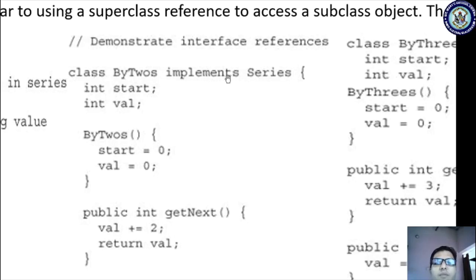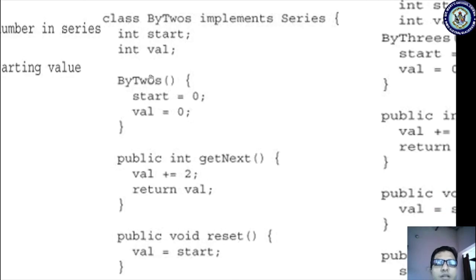Implements Series, so it is inheriting the features of Series. Which class? ByTwos. Here we are declaring two variables, int start and int val. Now I'm constructing the constructor of ByTwos.